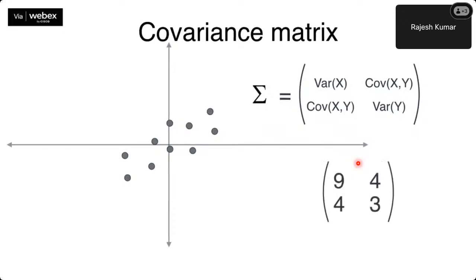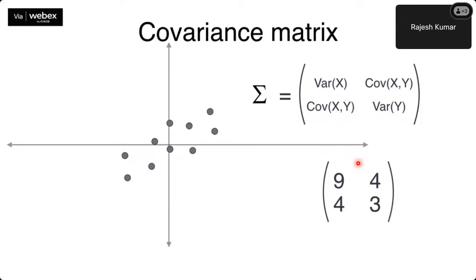So let's talk about this one. For this data, say the variance and covariance values are like this. Usually the off diagonal, because that is the relation between x and y, or the relation between y and x, is almost the same. So we have those values the same. The variance value along x is high, and the variance value along y is low.